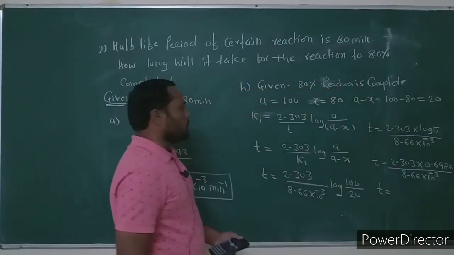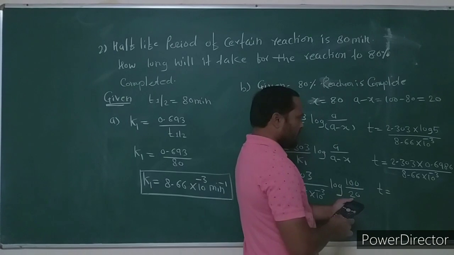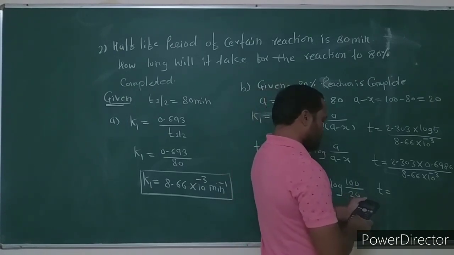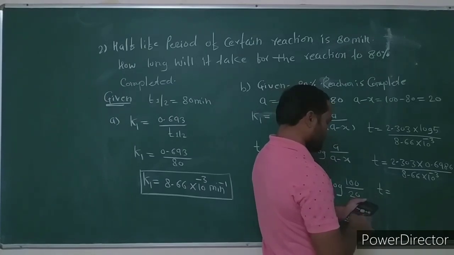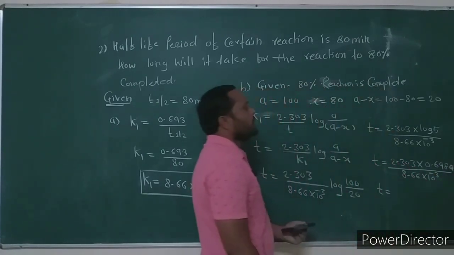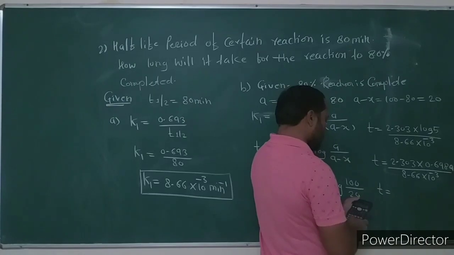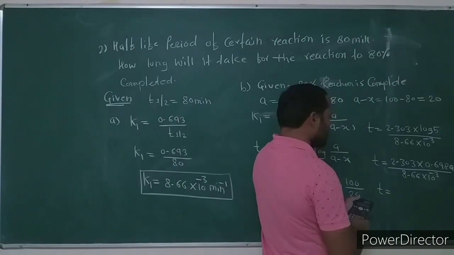Then T is equal to, we can solve this, 2.303 into 0.6989 divided by 8.66 into 10 raised to minus 3.